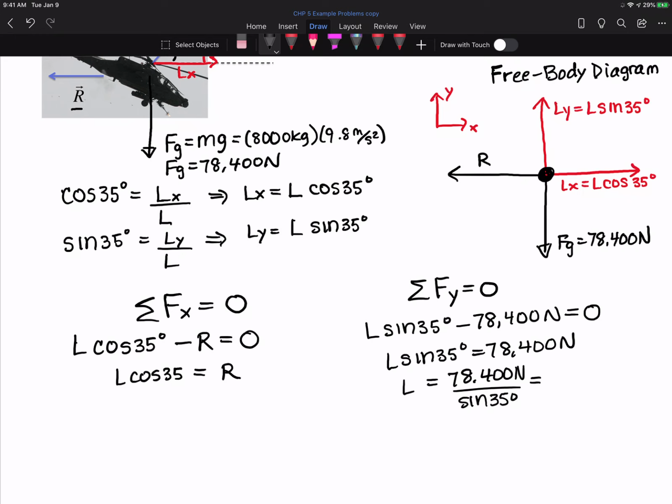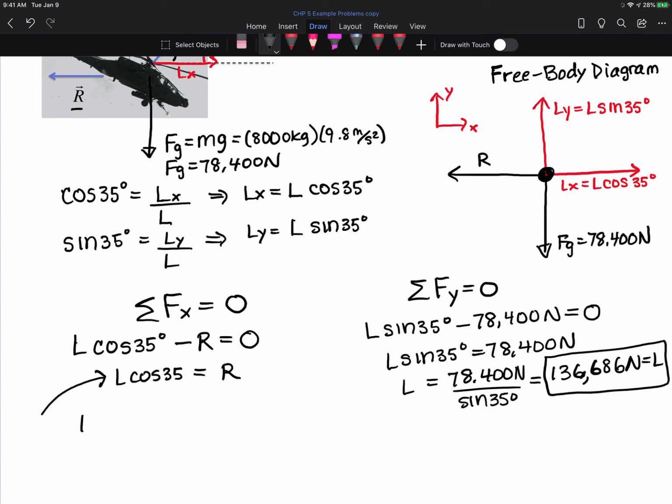And so when I divide that, I get 136,686 newtons. We probably don't need to keep that many sig figs, but I'll go ahead and just leave that in there. Once I know what this lift force is, which is one of the values that we wanted to find, I can use that expression and I can plug it back in over here for my lift force.